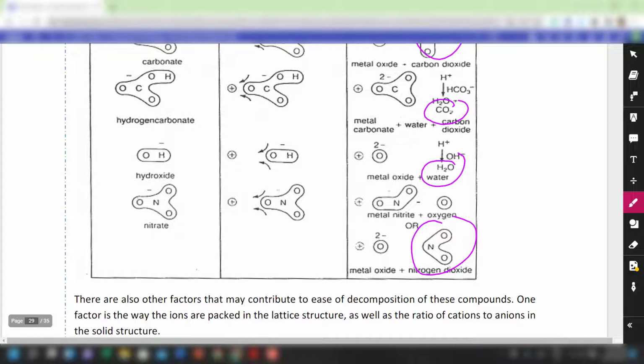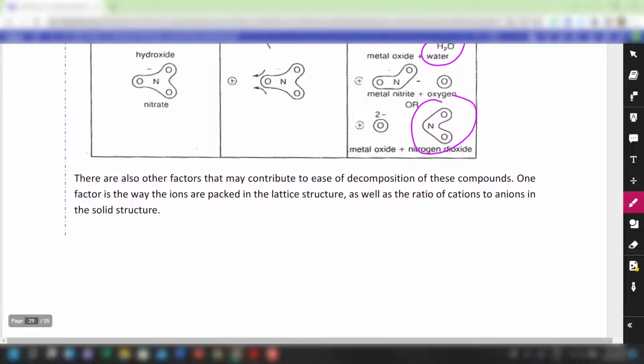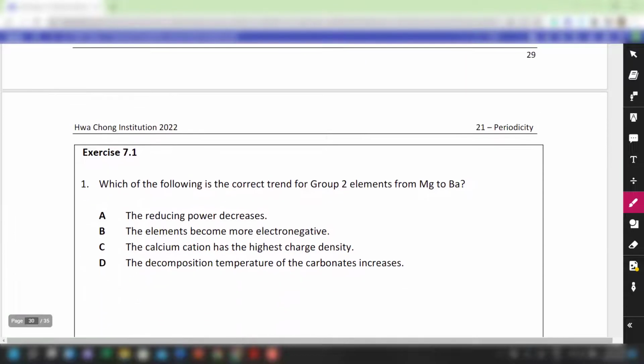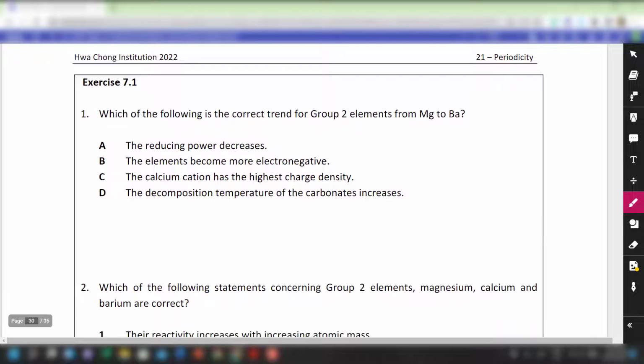It really depends, but largely decomposition you can view as entropy driven because in the whole process, small molecules are being kicked out and driven off, usually as gaseous molecules.